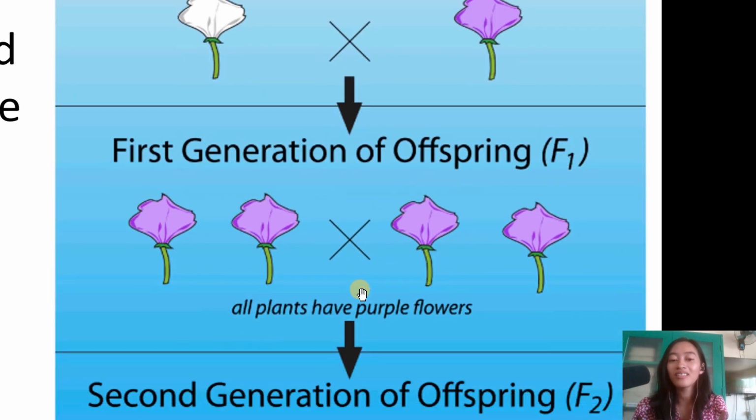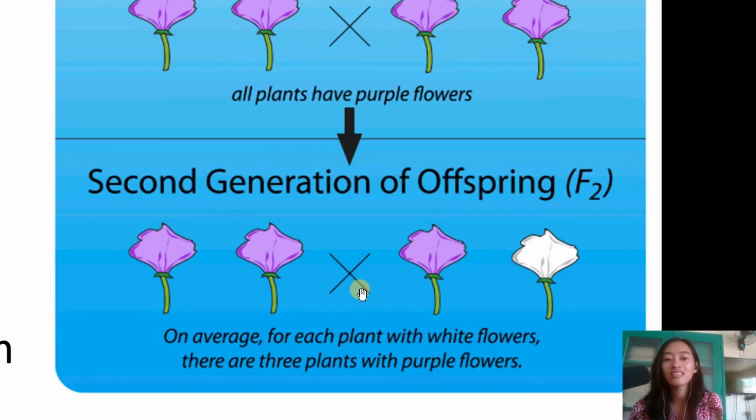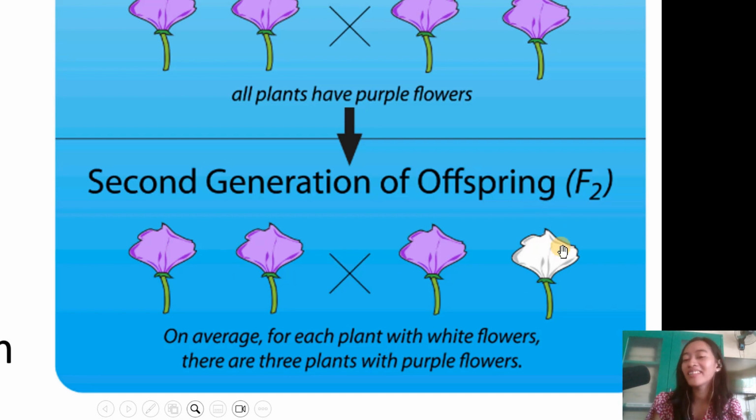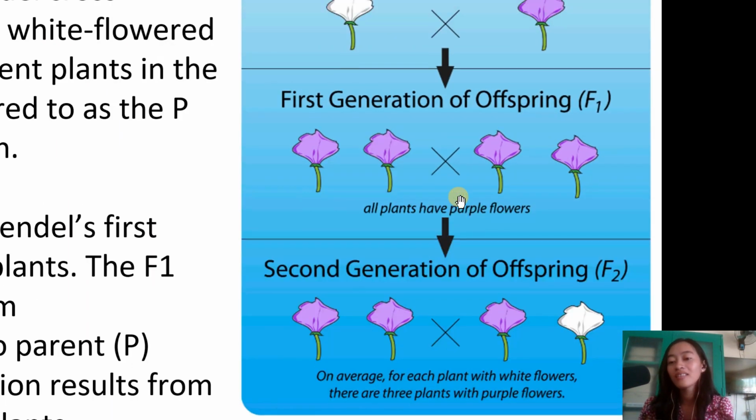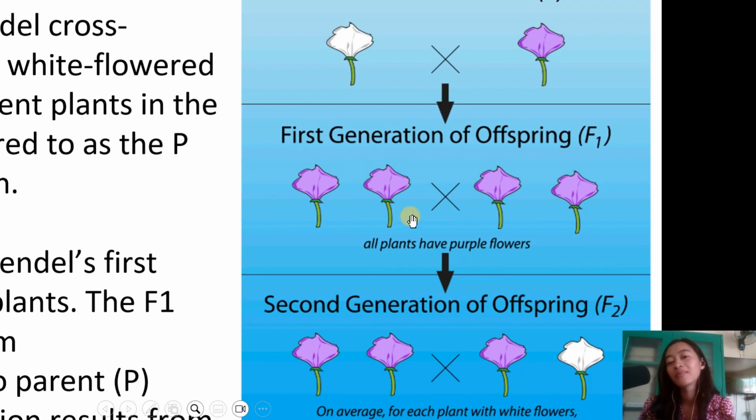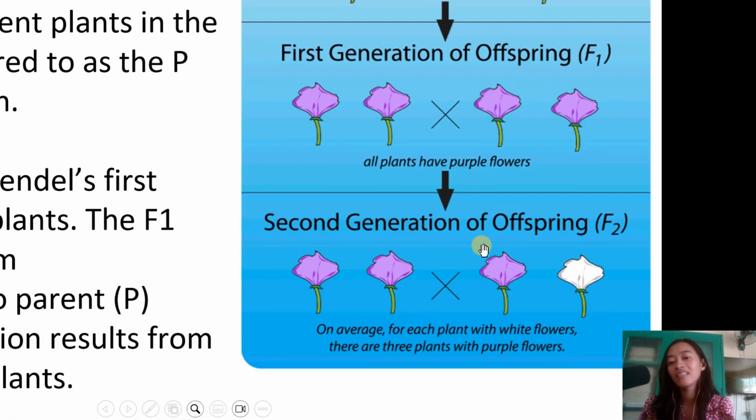Then when he crossed them once again, the second generation developed mostly violet flowers, but one white came out. So he observed that this trait was somehow hidden in the first generation, and then it came out.